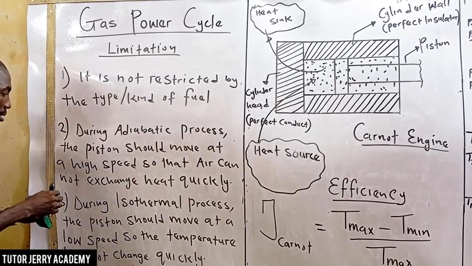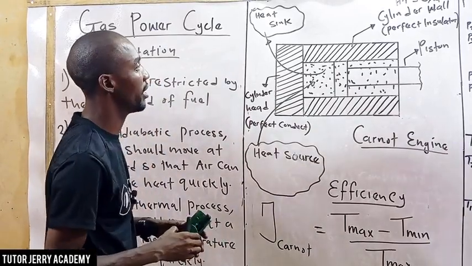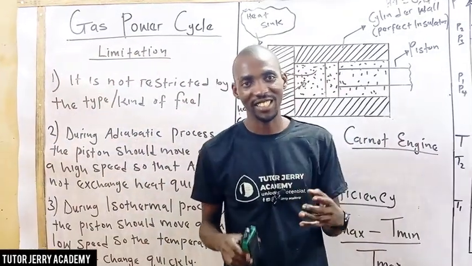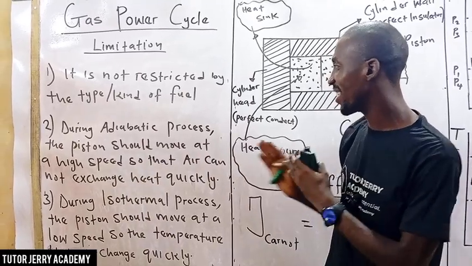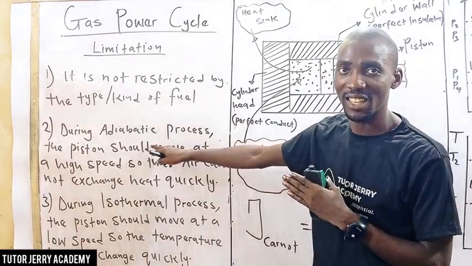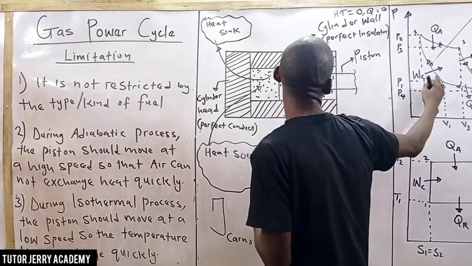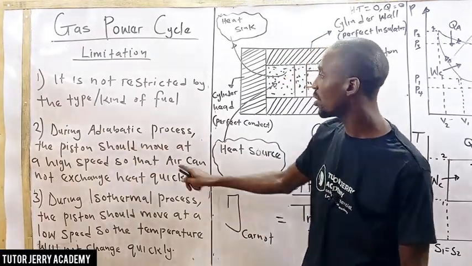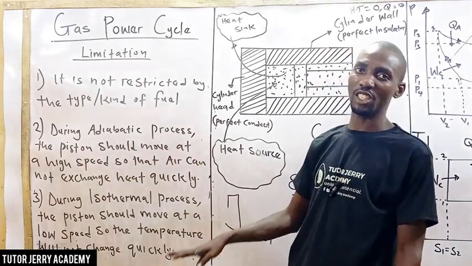All right. Now, this is the third thing. So the fourth one is: is it possible for us to have an engine in which the piston will suddenly increase in speed during the adiabatic process and also reduce in speed during the isothermal process? That is clear?